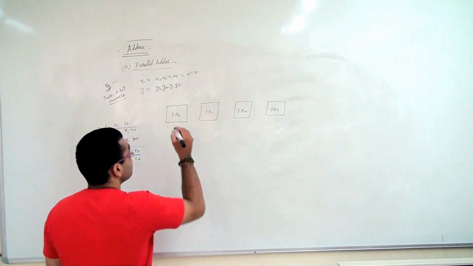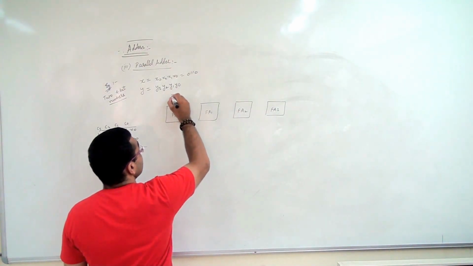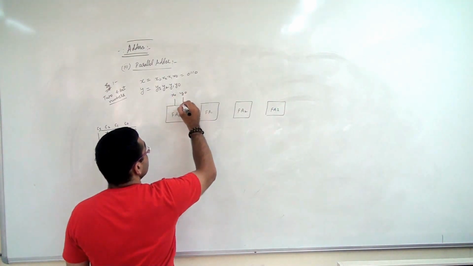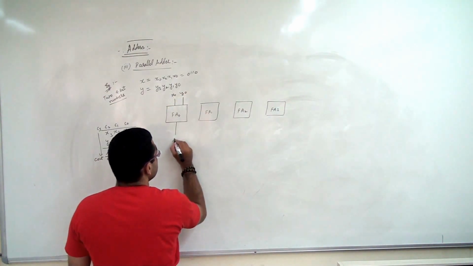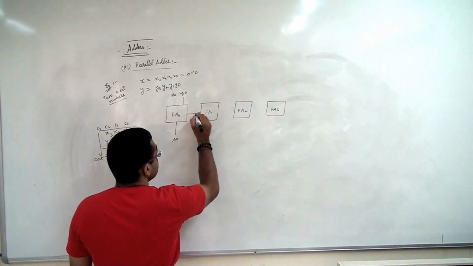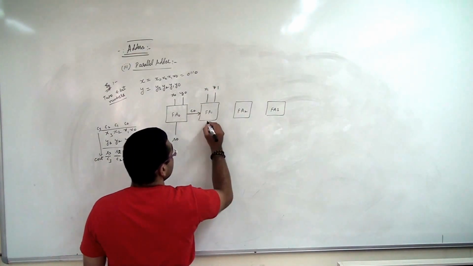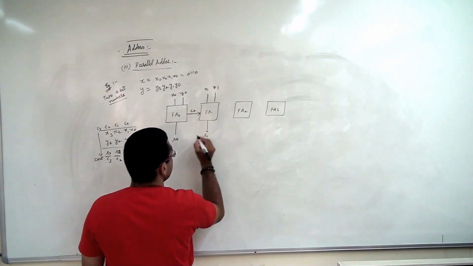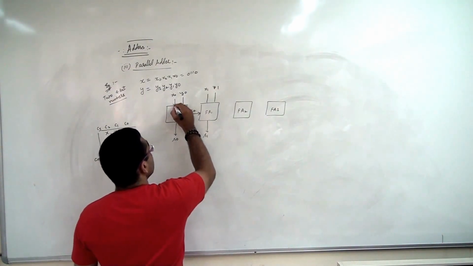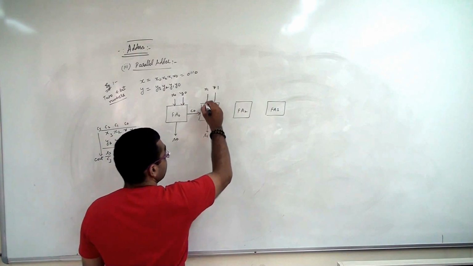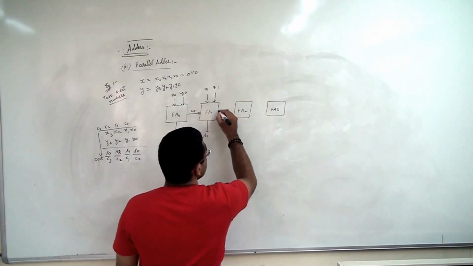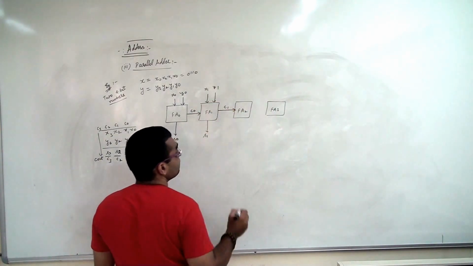So this I call x0, y0, and the sum is S0, C0 is going over here. Again x1, y1, sum is S1. I show by the arrow which signal is going where. So C1 is proceeding over here.